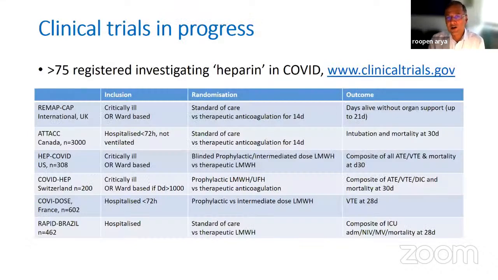There have been over 3,000 RCTs, both big and small and very heterogeneous in their design, and over 75 just investigating heparin in COVID. And I will go on to describe these during the course of my talk.